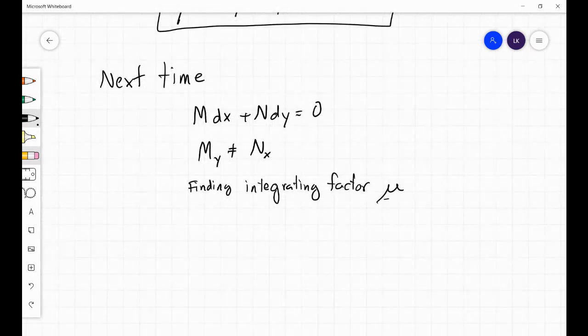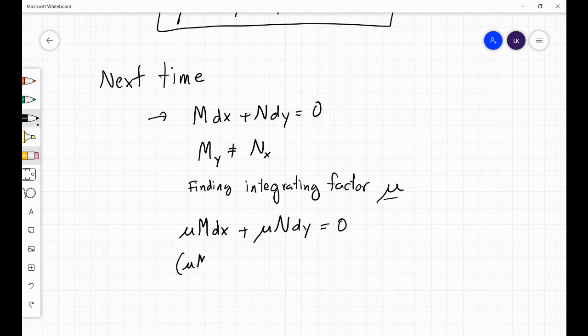So the job of that integrating factor, and we'll look at ways of finding it. It's not easy because it's not unique. Frankly, I don't even know if it always exists. So you'd multiply both sides of the differential equation by the integrating factor so that it becomes exact.